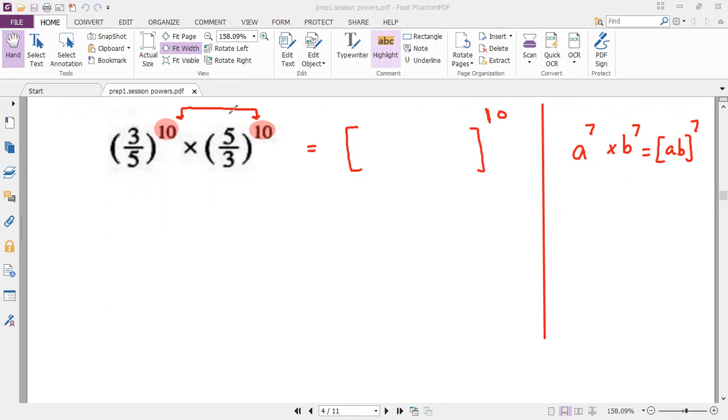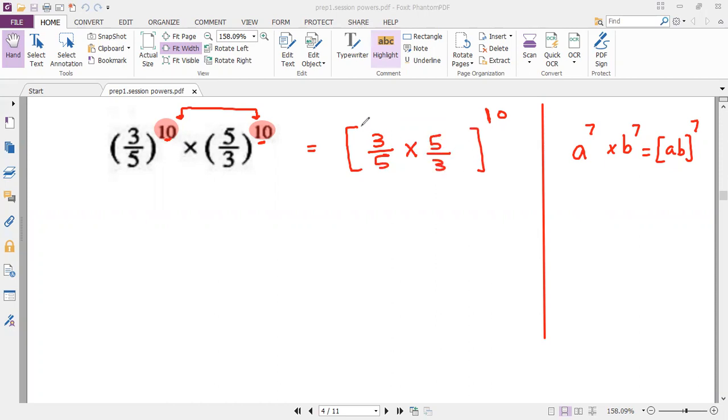So I have 3 over 5 to the power of 10 multiplied by 5 over 3 to the power of 10. Both of them raised to the power of 10. So we can write it as 3 over 5, the first fraction, multiplied by 5 over 3.